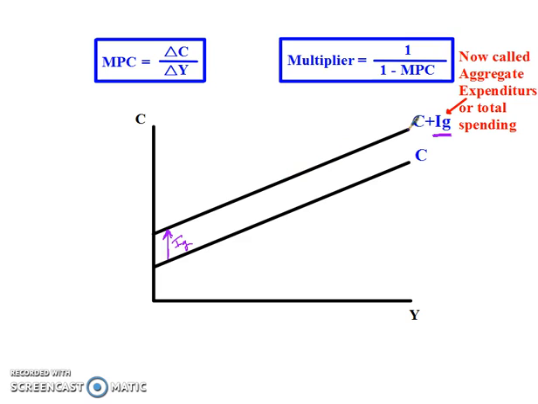Okay, so y is equal to C plus IG, and that, C plus IG, is what we call aggregate expenditures. It's the total spending in society. So we could pick any level of gross domestic product. We could say if the gross domestic product is right here, then the total spending in society, we would go to right here and come over, and that would be your total spending in society.